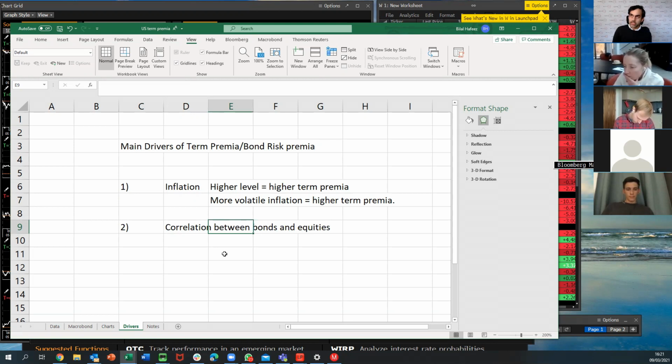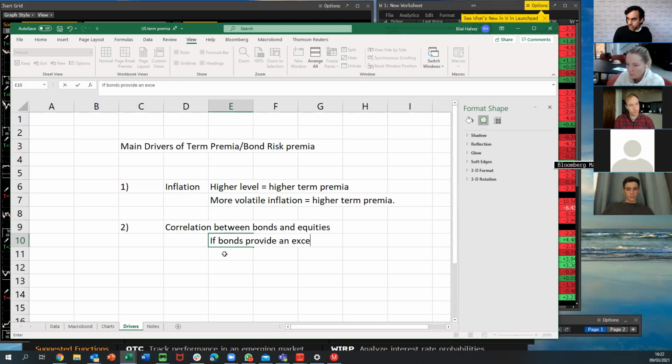So what this says is that if bonds provide an excellent hedge in recessions, then term premia will be low.